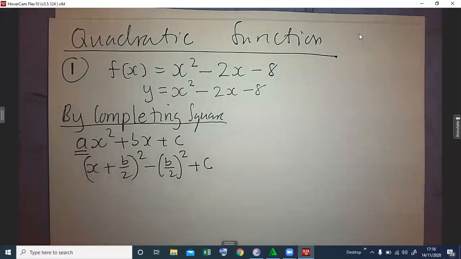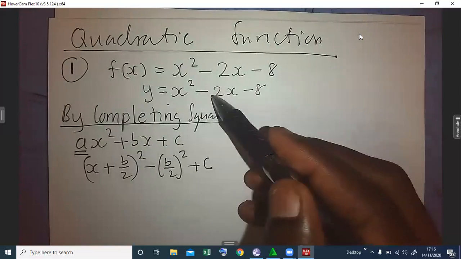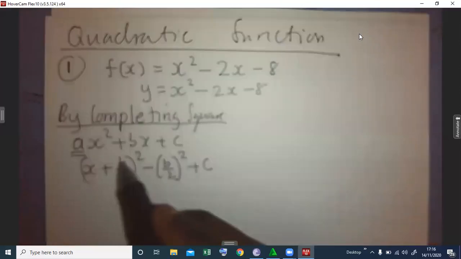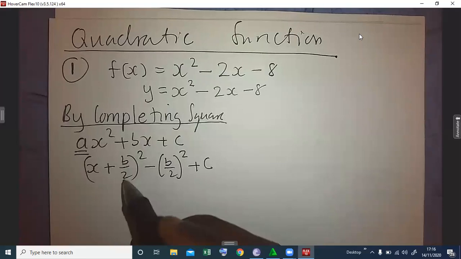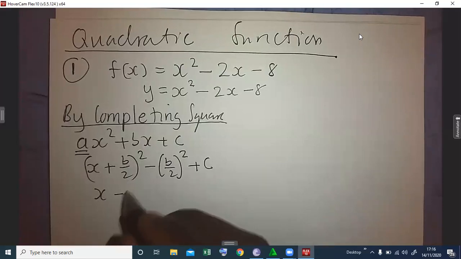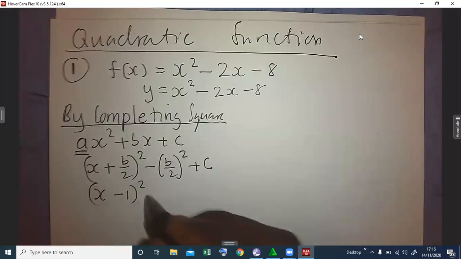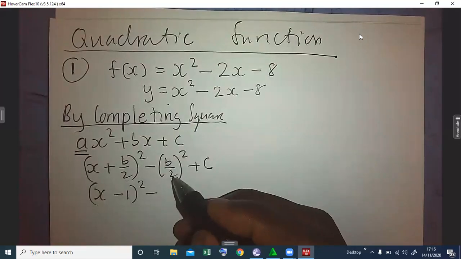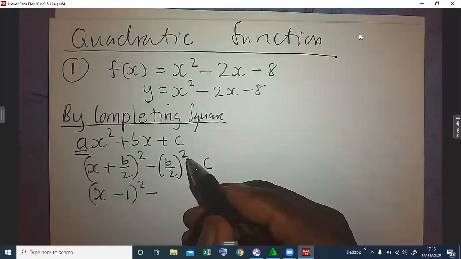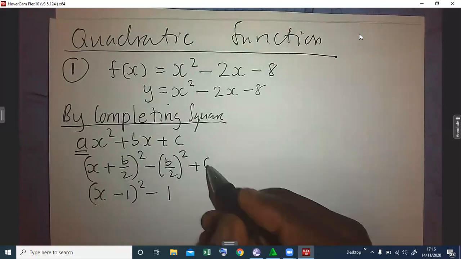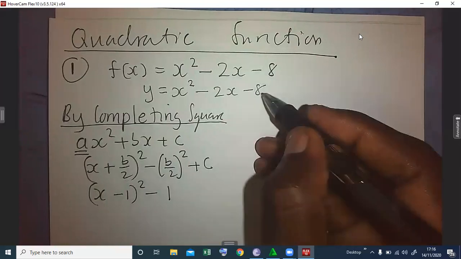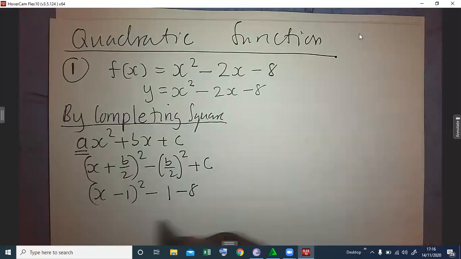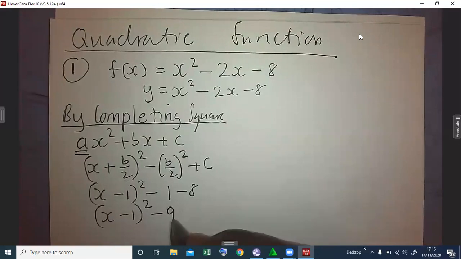So if I get my value of b as negative 2, I keep negative 2 here. Negative 2 divided by 2, I'll get (x minus 1) squared. Minus, I keep negative 2 there. Negative 2 divided by 2, I get negative 1. When I square negative 1, I get positive 1. I keep it here. And my c is directly negative 8. So I keep here minus 8. Hence, I complete my square and I get that.